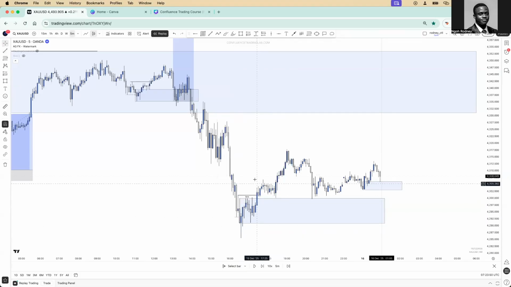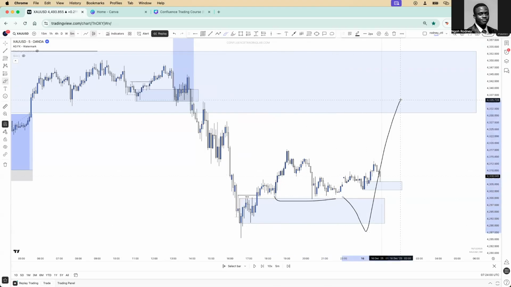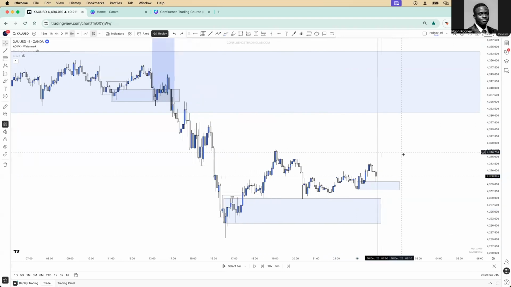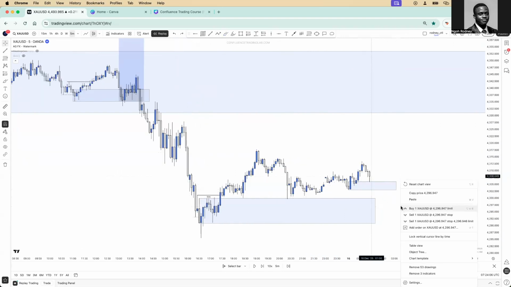Okay, and now tested here, but not deep. This is not deep testing. So all of this can serve as liquidity. Price can come down and then go up. You see? Right. So now this is where we are.